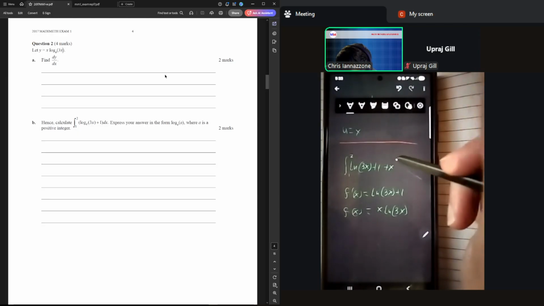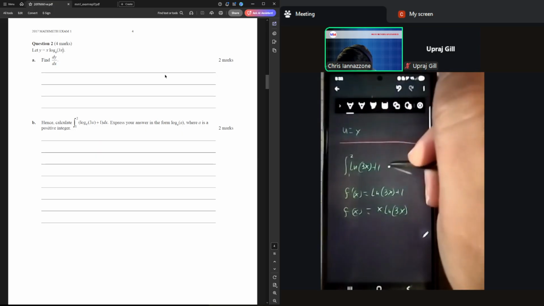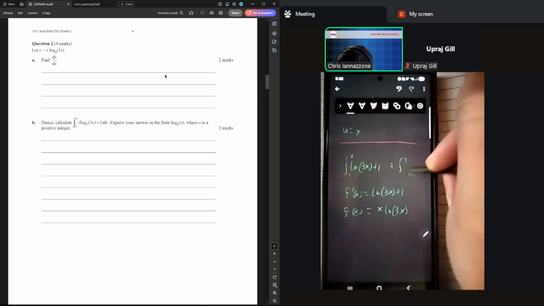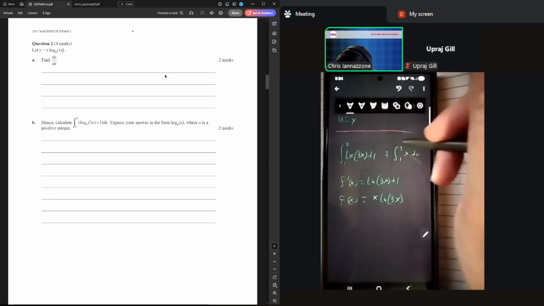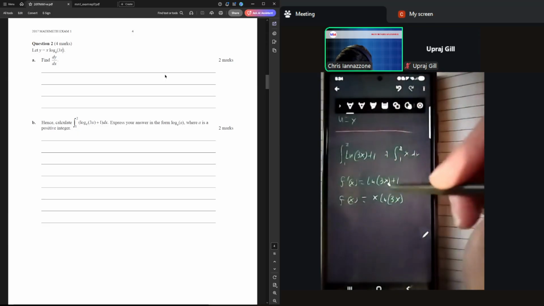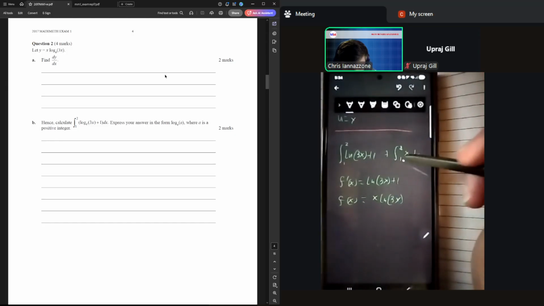Fundamentally, all we're going to be doing is splitting this integral up and saying instead of including it in that one, you now include it separately over here, plus x. And so all we're doing then is subbing in the capital F2, capital F1 for this, but you're also doing it for this as well.